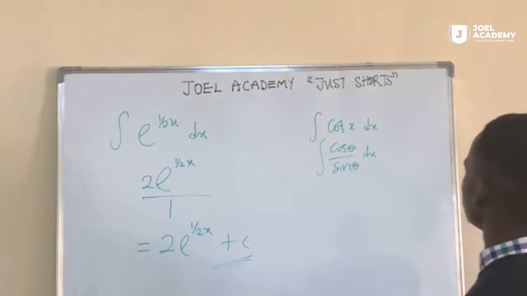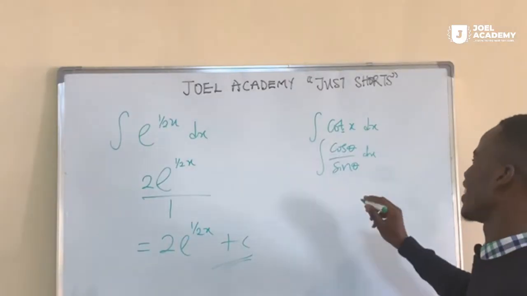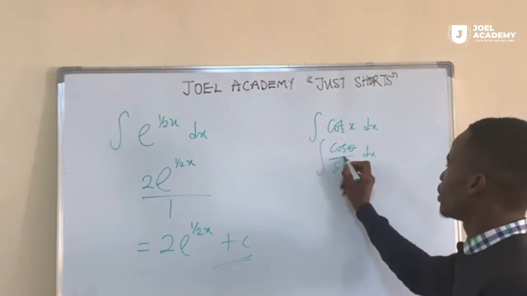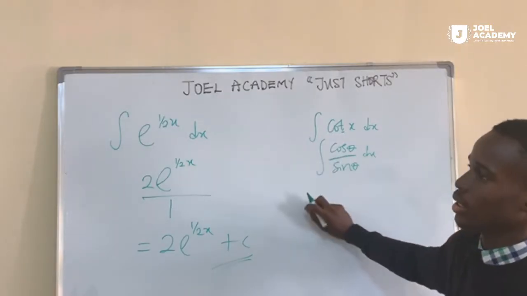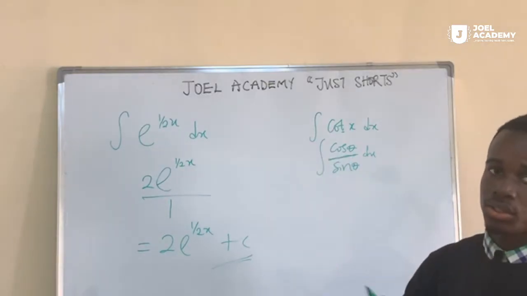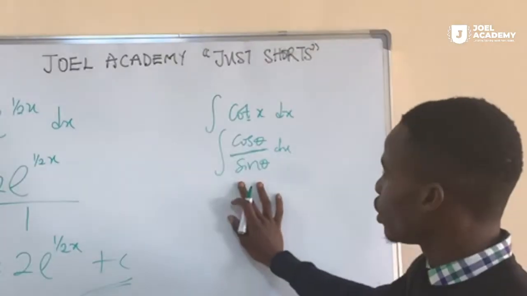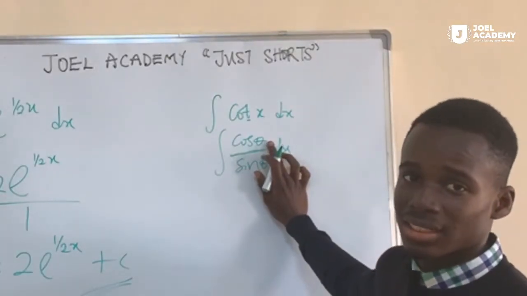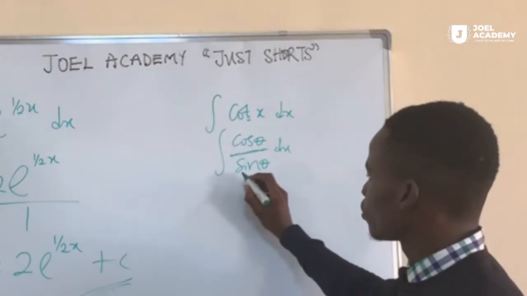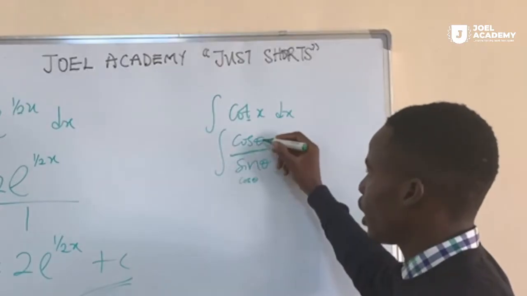But let's forget about this long talk. How do we get the answer? Remember I told you that when you have something over something in integration, you look at the denominator. If you differentiate the denominator and you get something that looks like the numerator, then what do you have? Let's check. Differentiate sin theta, you have cos theta, which is what I have in the numerator.